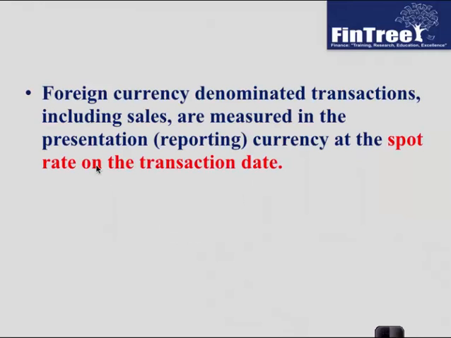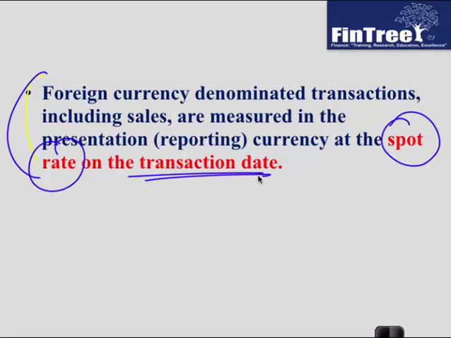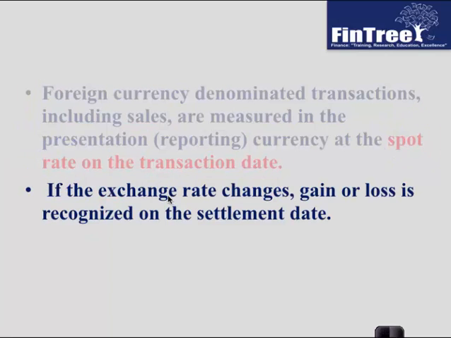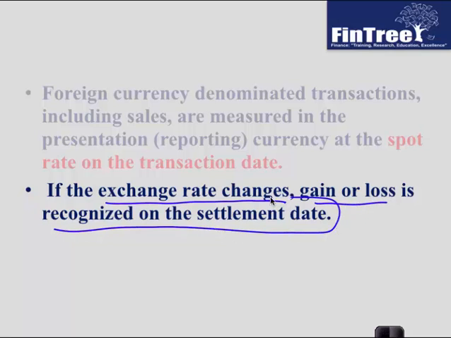So we'll read through the theory. Foreign currency denominated transactions, including sales, are measured in the reporting currency at the spot rate on the transaction date. If the exchange rate changes, gain or loss is recognized on the settlement date. So in our example, the settlement date was 5th of January.